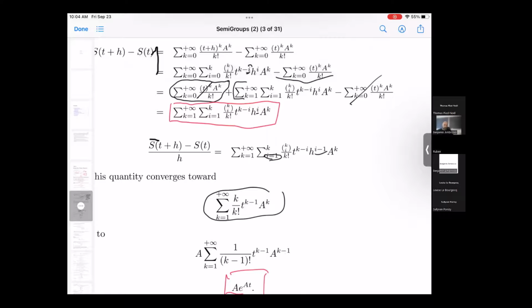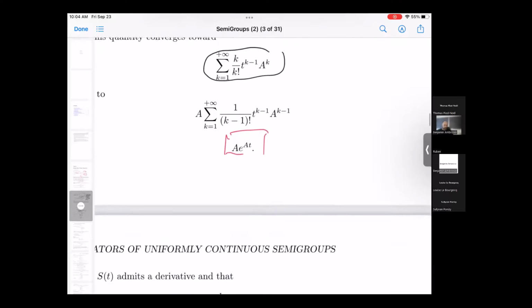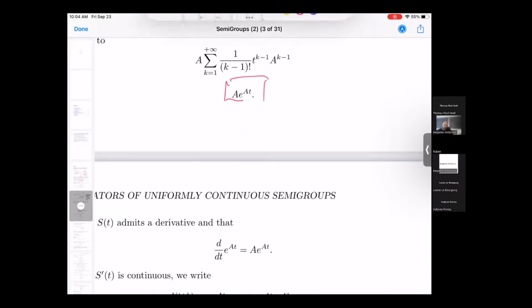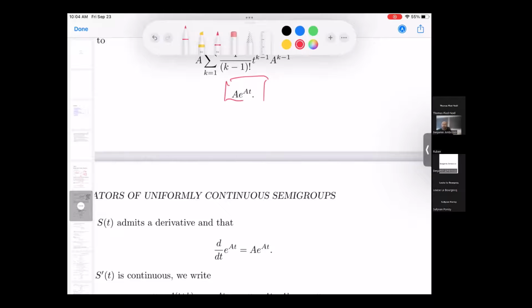We proved that S(t), or exponential of At, we can differentiate it, and its derivative equals A exponential of At. Which is the same thing as saying that exponential of At is a solution of a differential equation.